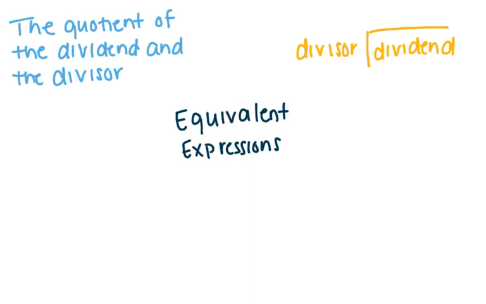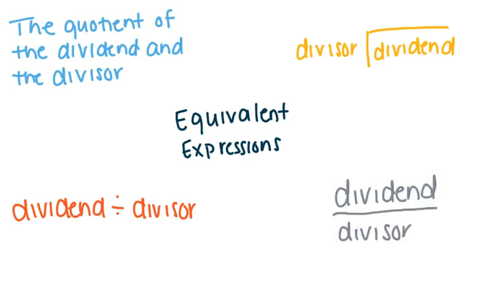And the third way we can do it is by using the division symbol. So dividend divided by the divisor, and then the last way we can write a division expression is by using a fraction. So dividend over divisor. All 4 of these are equal to each other, and all 4 represent a division expression.